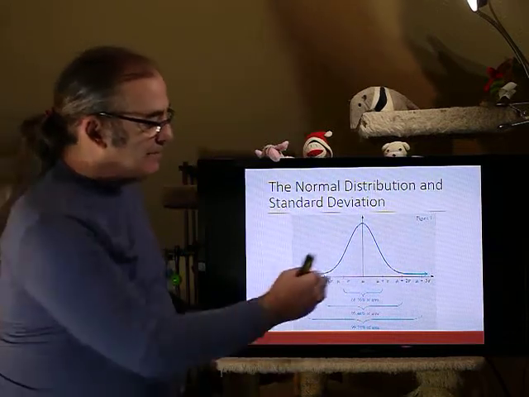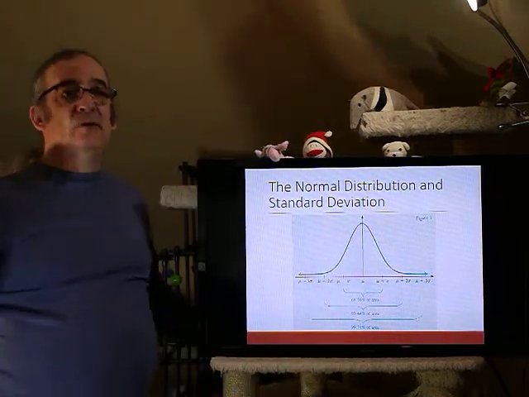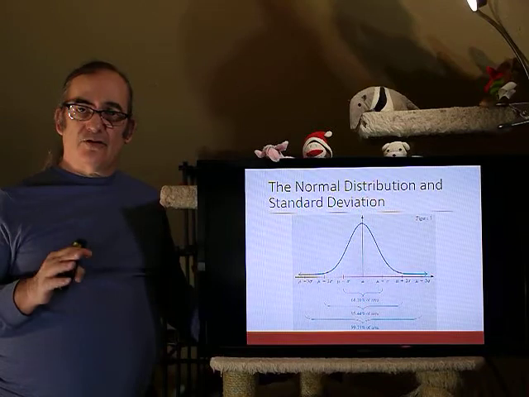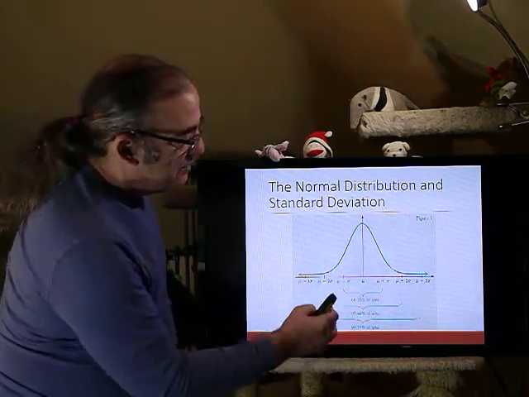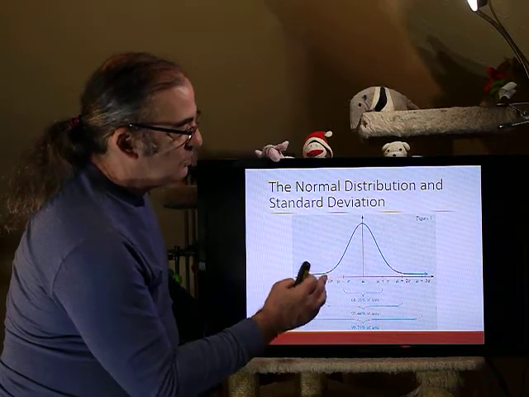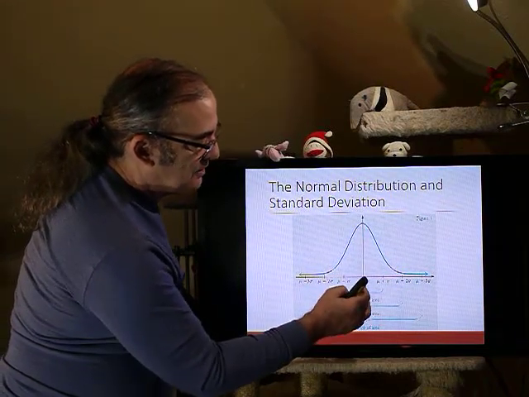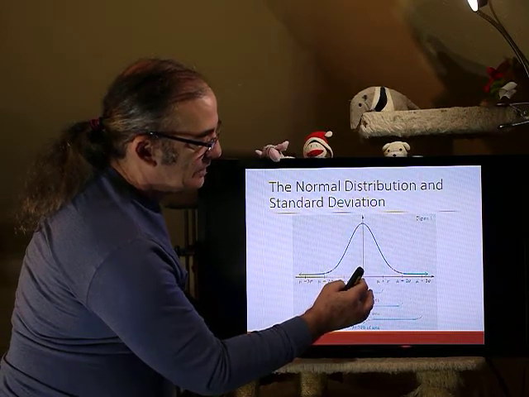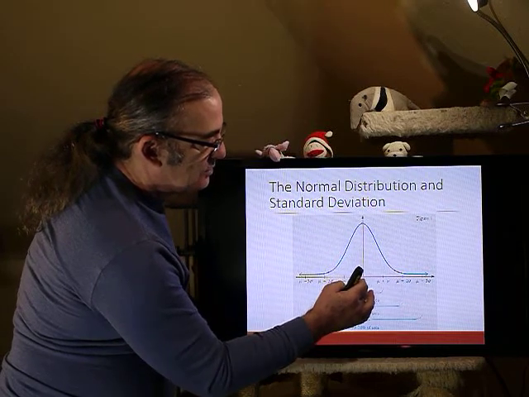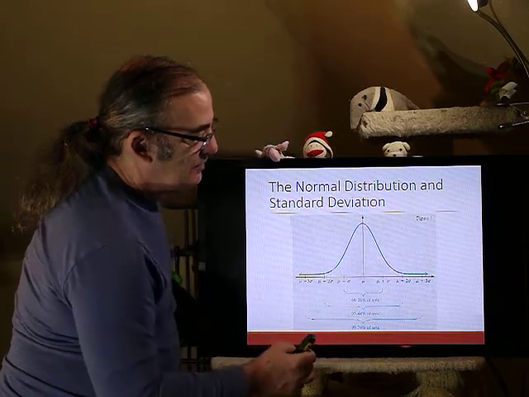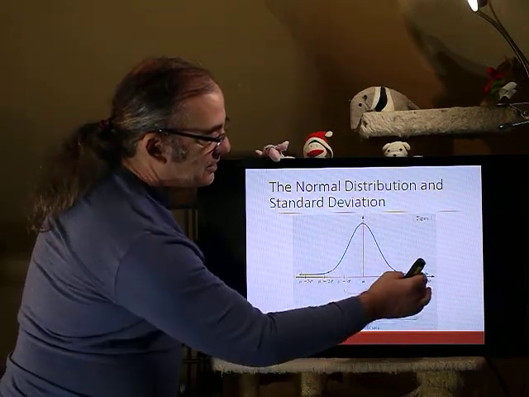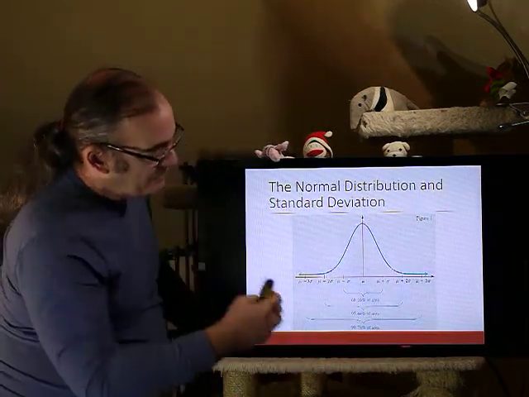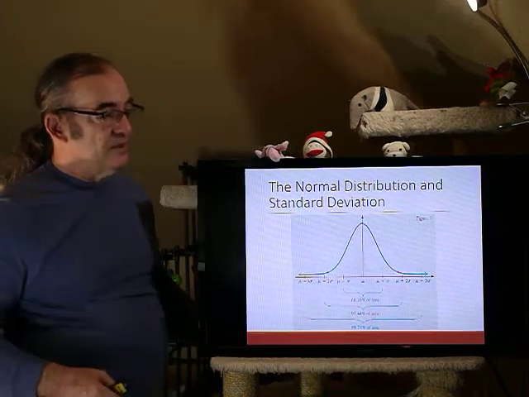So this is the mean of this sample, be it 10, be it 20, whatever it calculated, we're just going to use the variable mu to represent it. Now, in a normal distribution of this sample, as we move away from the mean, this is the mean plus 1 standard deviation, this is the mean plus 2 standard deviations, and this is the mean plus 3 standard deviations, and then we can go the other way.